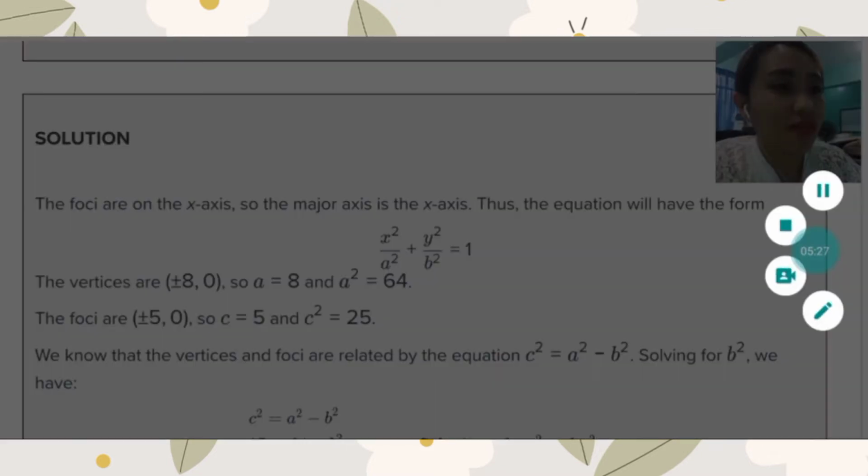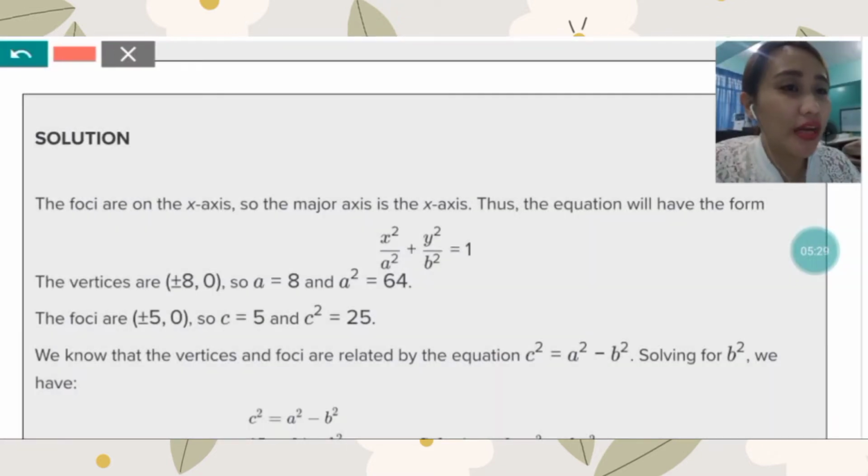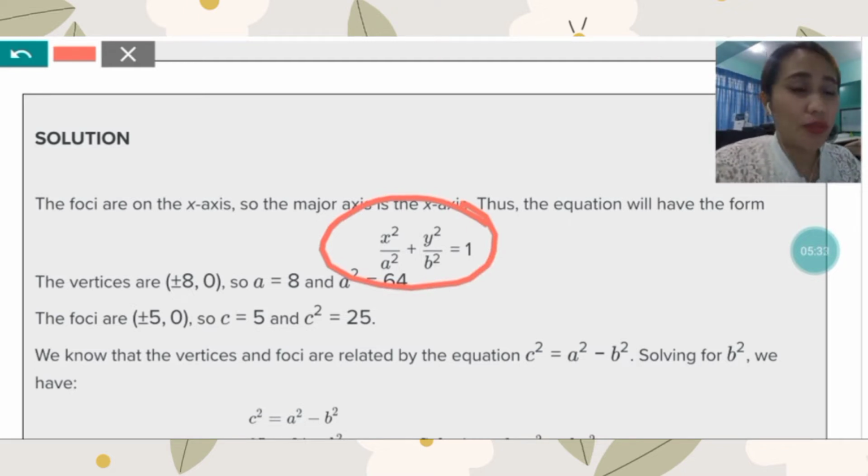Thus, the equation will have the form x squared over a squared plus y squared over b squared is equal to 1. That will be the equation that we will be using for this example.